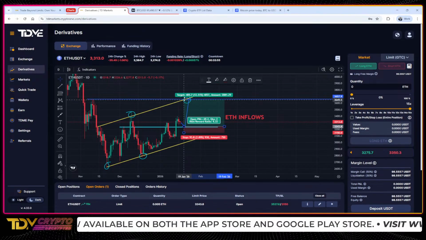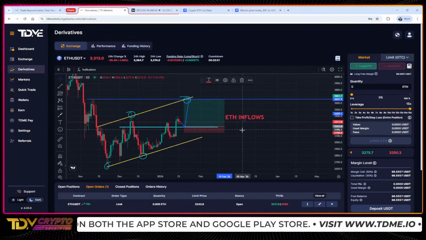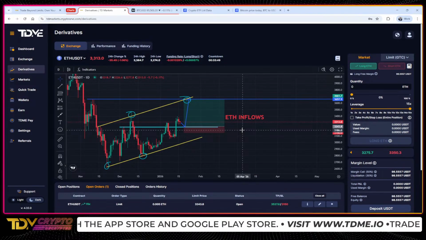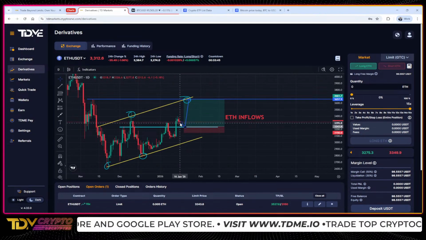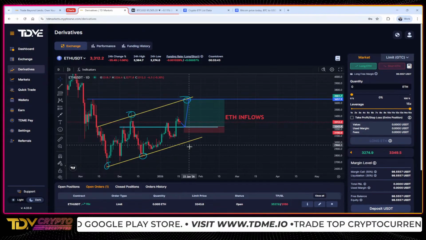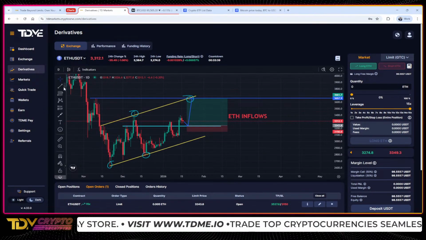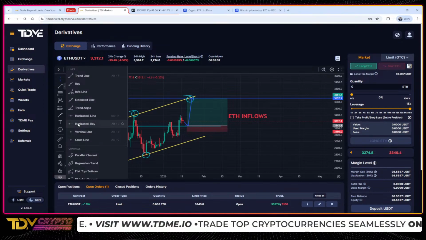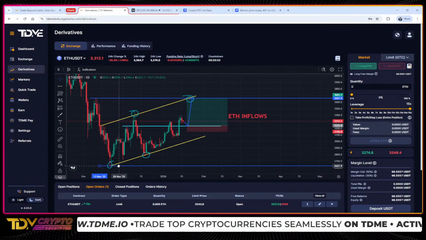In fact, my take profit should be there. This is how I'm looking here. I need these ETF inflows for us to get that push towards the upside. You see how it is? According to this price action, it doesn't make sense for price to go back to this low again.